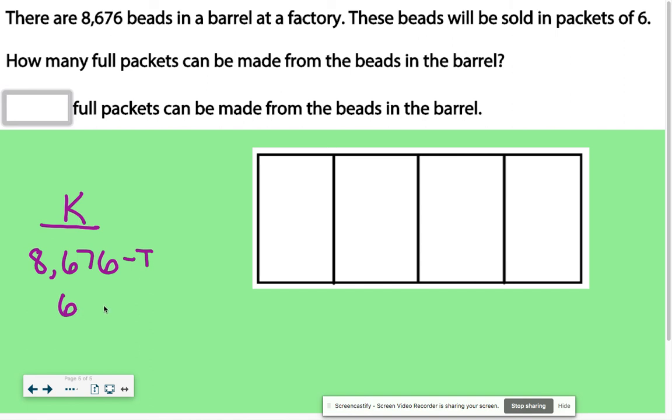These beads are sold in packets of 6. That's a part. How many full, we're going to use F as our variable, packets can be made from the beads in the barrel? So that's our other missing part. So we're going to set up our division problem because we have a part and a total, and we had packets, which means we were grouping.